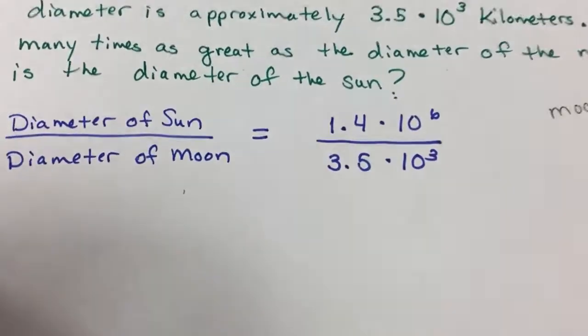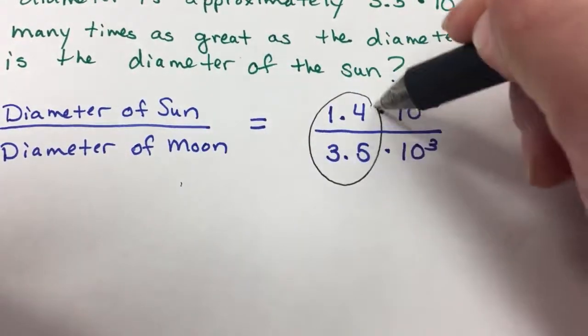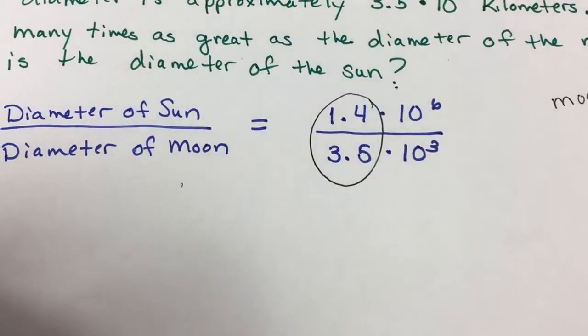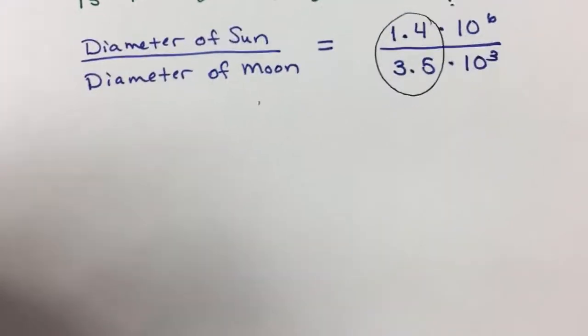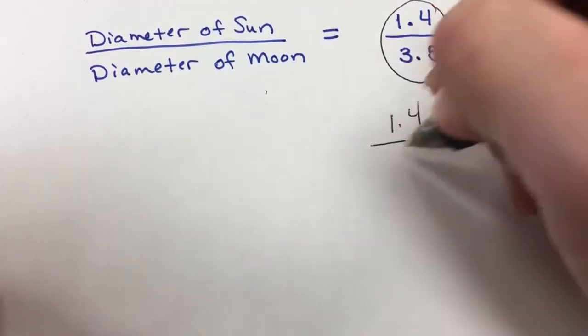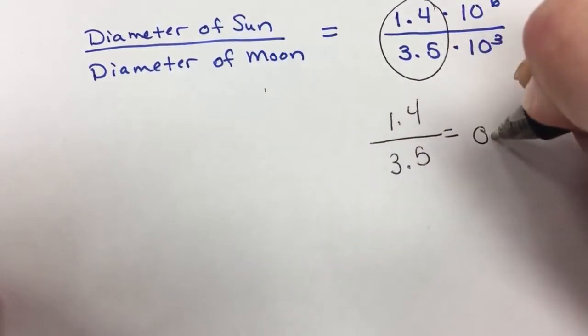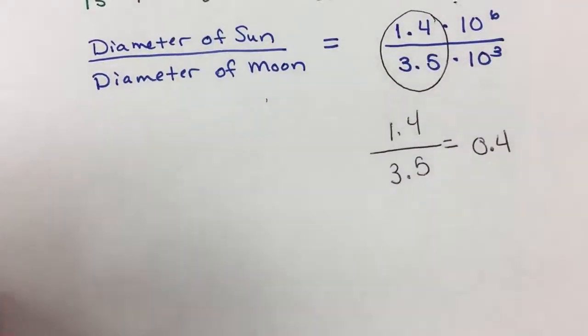So here I have it set up for you with the numbers, and we're going to do the same process where these two numbers divided out are going to give me an approximation. When I divide these out, 1.4 over 3.5 is actually equal to 0.4. I believe that's an exact number.